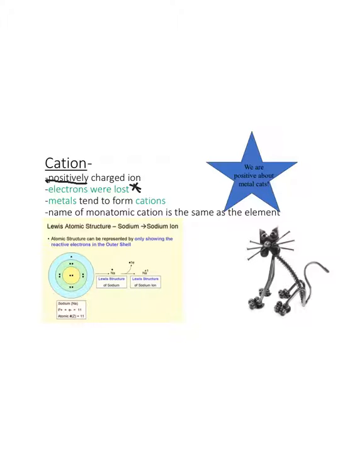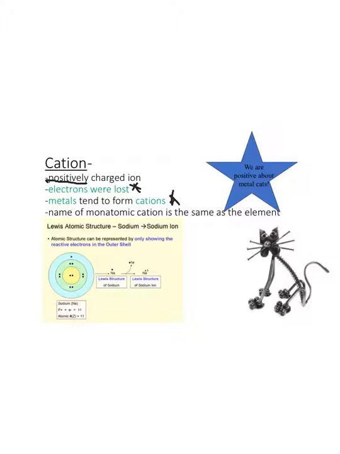Here's the thing. The metals, which you learned are on the left-hand side of the periodic table, left of the staircase, all tend to lose electrons, so they all tend to make cations, all right? So for this reason, we say we are positive about metal cats. And the thing about naming cations when we have an ionic compound is that they just keep their element name.